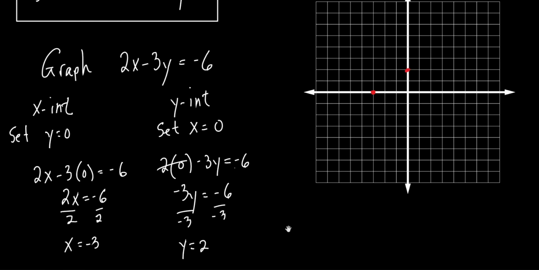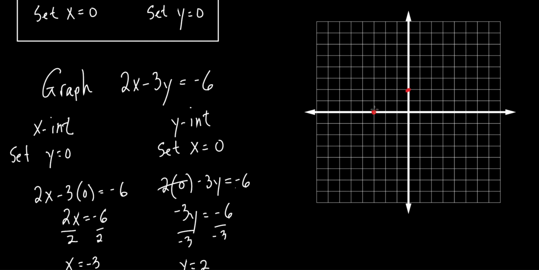Now, what can we do with those 2 points? Okay, just connect them. You don't even have to find the slope to graph it. You can just connect those 2 points, the x-intercept and the y-intercept. Stretch them out a little bit, make it look like a nice graph. And there you go, there's your graph. Took a little extra work, didn't it?